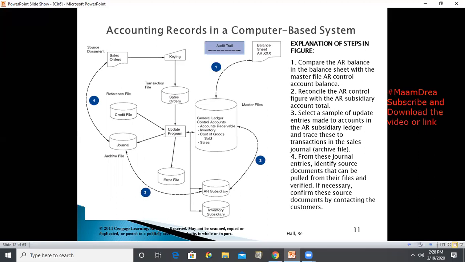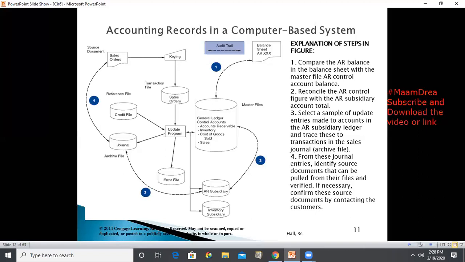So when the transactions are edited or updated, and the transaction file of sales orders is produced, some of the computers, by the way, do not use physical source documents. Instead, they capture it directly to our digital media. For example, in Amazon or in Lazada, what do you do to purchase documents or to ask for quotation? You message the seller or you just click add to cart.